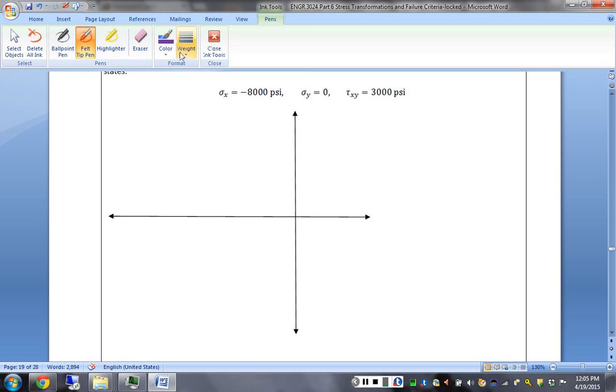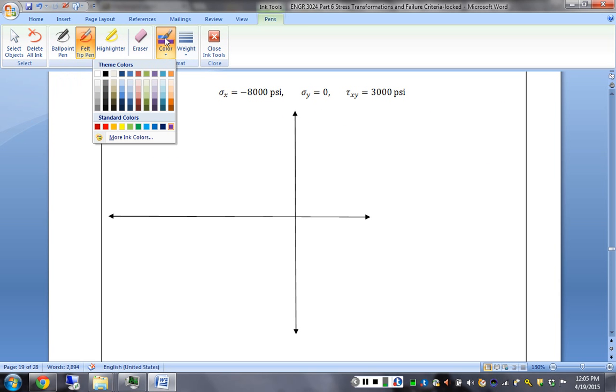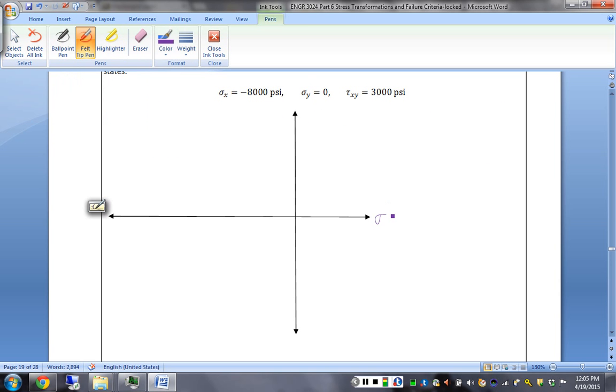Now back to ink. We know that this is our plus sigma axis. We know that this is our positive shear downward, and we plot our 2 points.